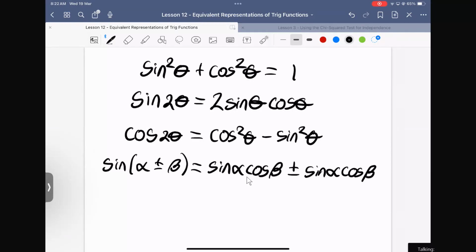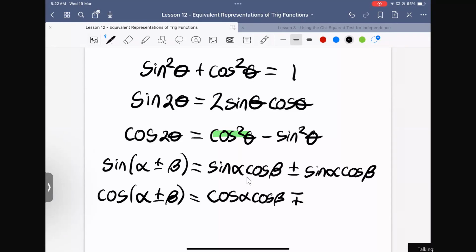Now, all you have to remember is that the cosine's a bit shifty. When we have the cosine, everything gets changed a little bit. Cosine always comes first on the cosine formulas. Notice how cosine comes first here, and it's going to come first here on this one. So this is the cosine of alpha, the cosine of beta, and then we make this upside down.